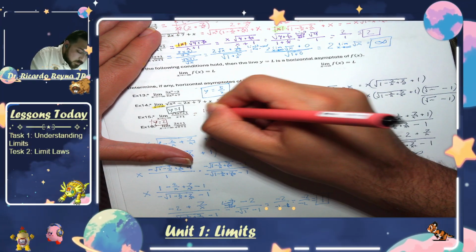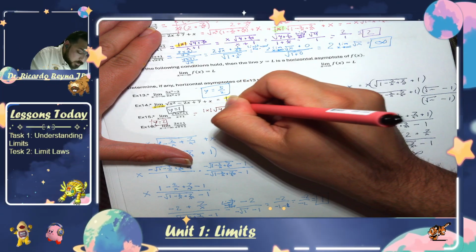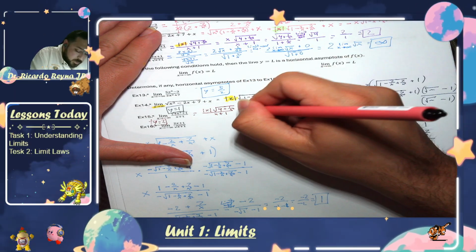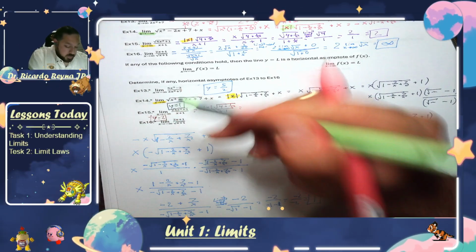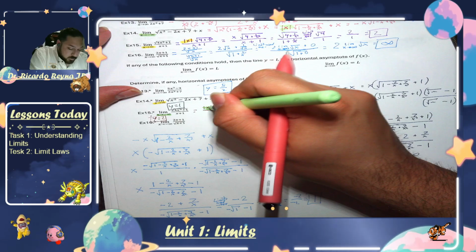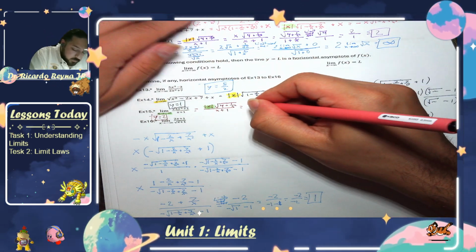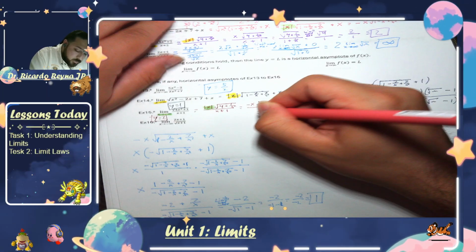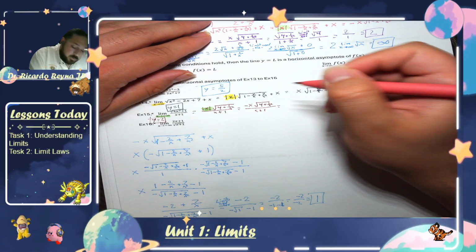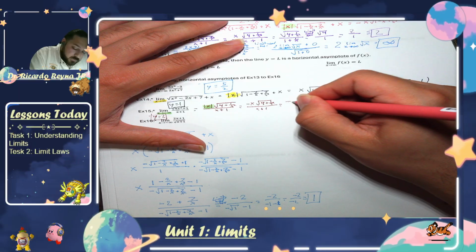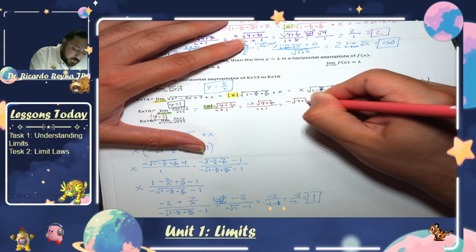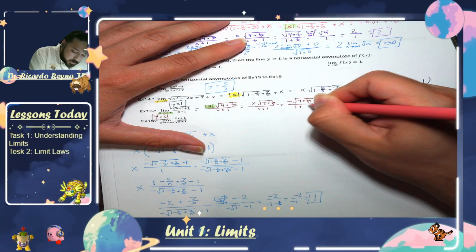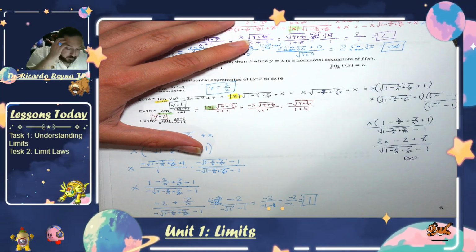So we have absolute value of x, square root of 4 plus 1 over x squared, over x plus 1. And this time, it's x goes towards negative infinity. So that means we should write negative x, square root of 4 plus 1 over x squared, over x plus 1. And I'm going to factor out x from this. So we have negative square root of 4 plus 1 over x squared, over 1 plus 1 over x.